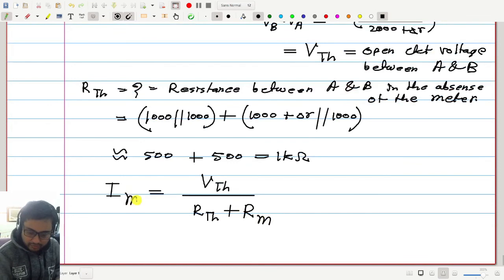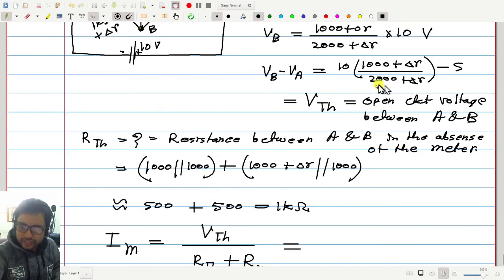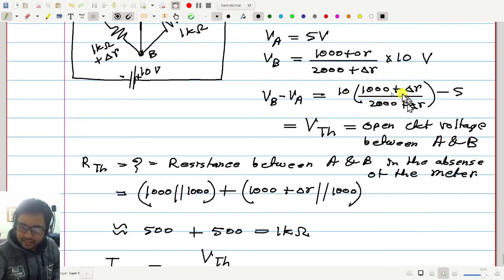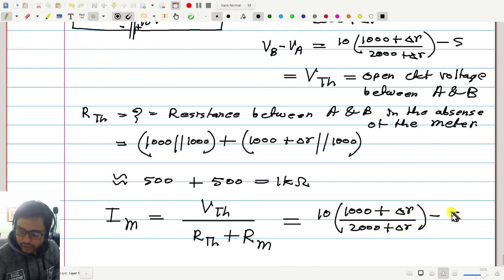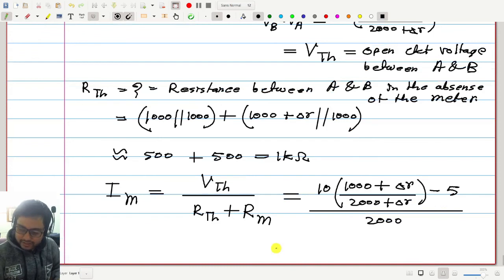So that will be V Thevenin, which is (10,000 plus delta R) by (2000 plus delta R) minus 5, divided by, this is 1 kilo ohm, this is also 1 kilo ohm, so 2000, and we want this to be equal to the minimum detectable current of 1 microampere.